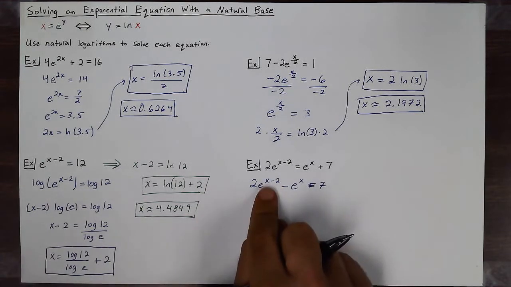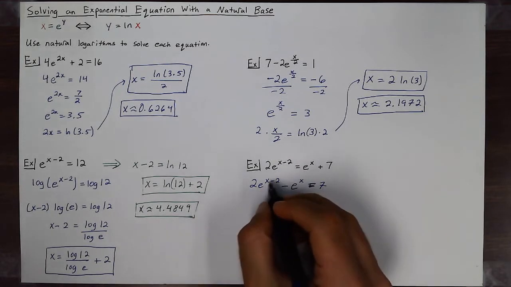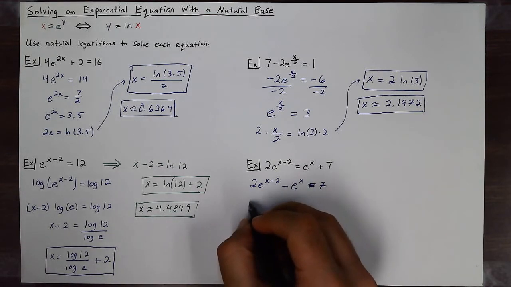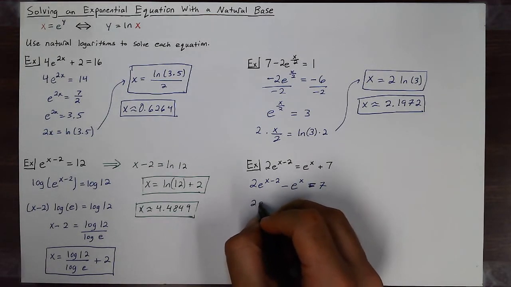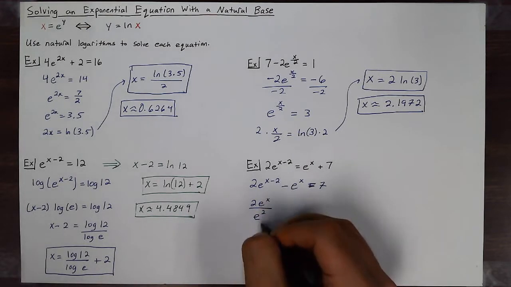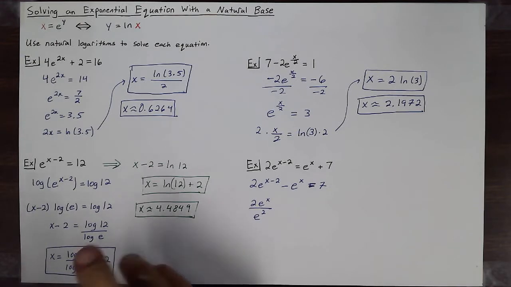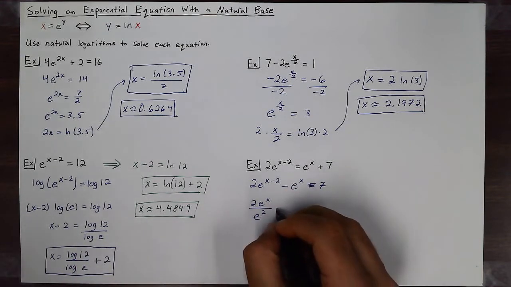Now 2e to the x minus 2 can also be thought of as, since they're subtracting exponents, 2e to the x over e squared. Like move that minus 2 to its denominator, like you would if they were subtracting exponents.